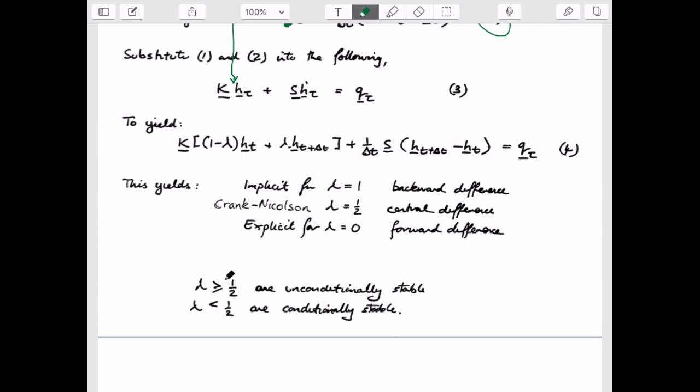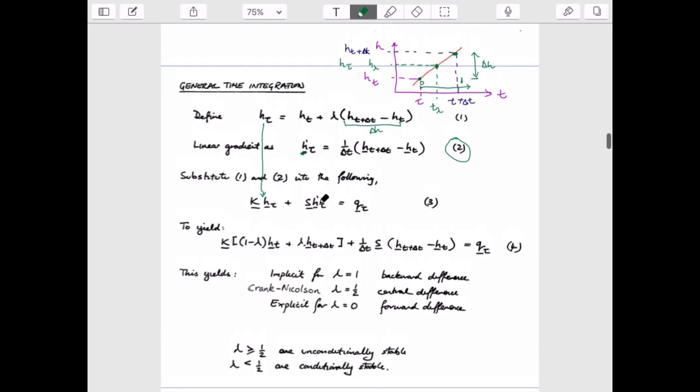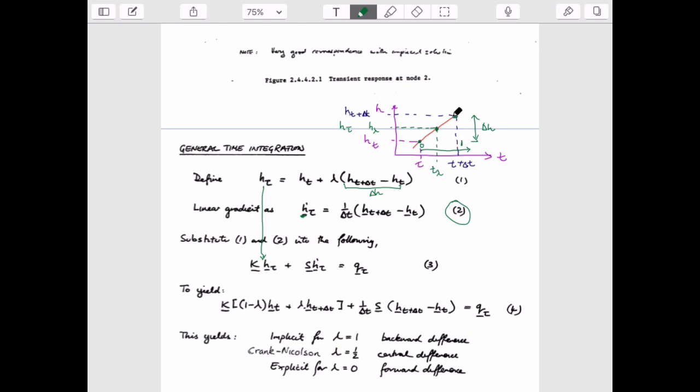I'm not going to go into the equation, other than to mention what the outcomes are. And the outcomes are kind of important, because if we write it at the end of this range, at this point here, then by definition lambda is equal to 1.